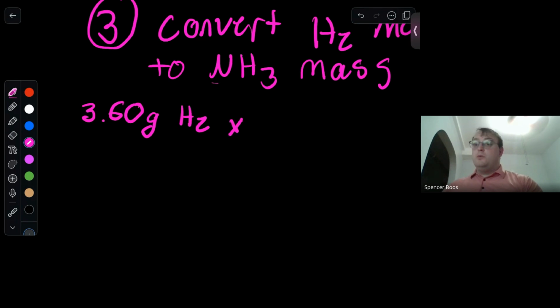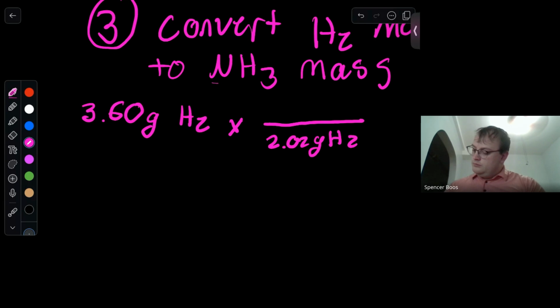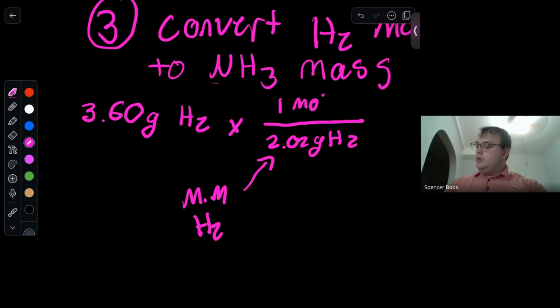Now, we've got to get rid of grams of H2. So, just like in the last one we did, this one we start with molar mass. But instead of molar mass of NH3 or N2, we use the molar mass of H2. And that's for every 1 mole H2.